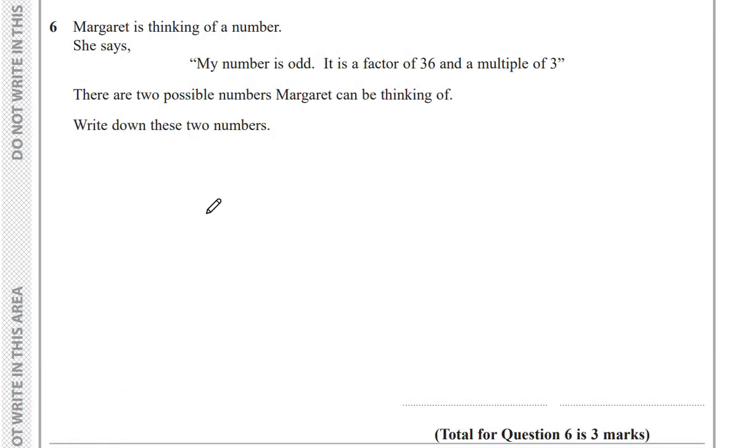Next, the number that Margaret is thinking about is odd. It is a factor of 36 and a multiple of 3. So start thinking about the factors of 36. There are 2, 3, 4, 6, 12. 9 is also a factor of 36. 18 is a factor of 36.